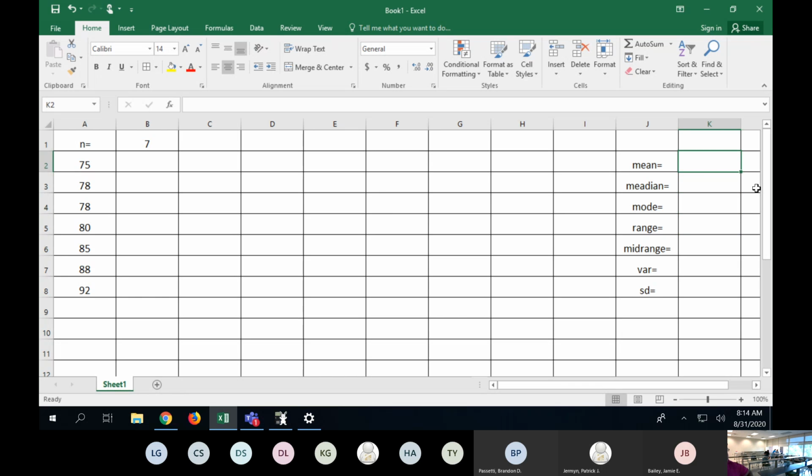So hopefully y'all remember how to find your average. That's going to be equal to the summation of all these numbers divided by what number? 7. Thank you. And everybody should have that number.